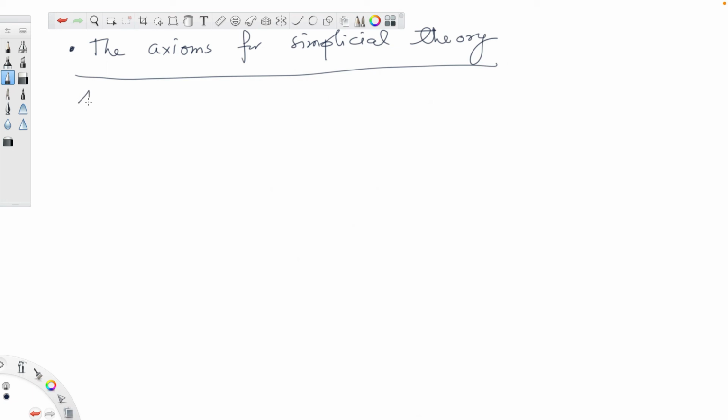So recall that when we were dealing with simplicial homology theory, we did not define homology groups for general topological spaces. They were defined for simplicial complexes, right? And we also defined relative homology groups for pairs of simplicial complexes where the latter component of the pair is a subcomplex of the former component of the pair, right?